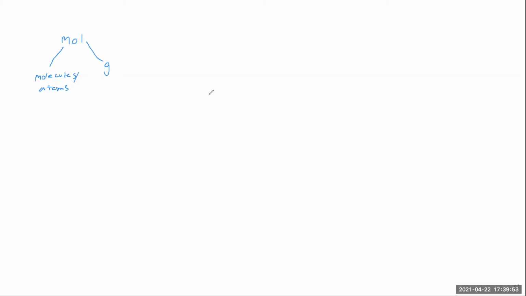Anyone have an idea? By the molar mass. Yeah, we want to use molar mass. And what is molar mass represented by? What units? AMU. Okay, we have AMU, which is atomic mass unit. Anything else? Oh, that would be grams per mole.